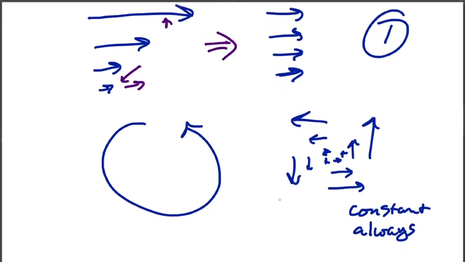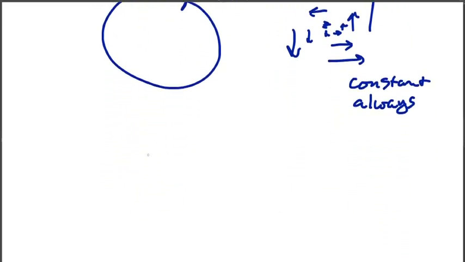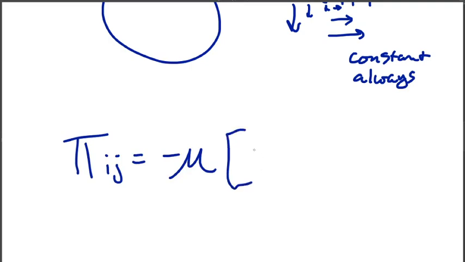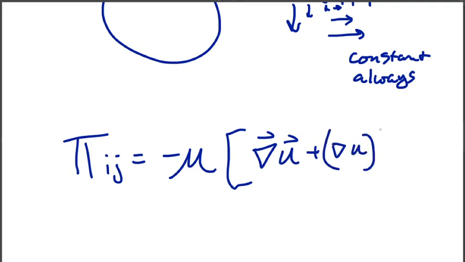The other thing that we see for our viscous stress tensor, writing that again, that's pi_ij is equal to mu times grad u plus grad u quantity transpose minus 2/3 div u on the identity tensor.